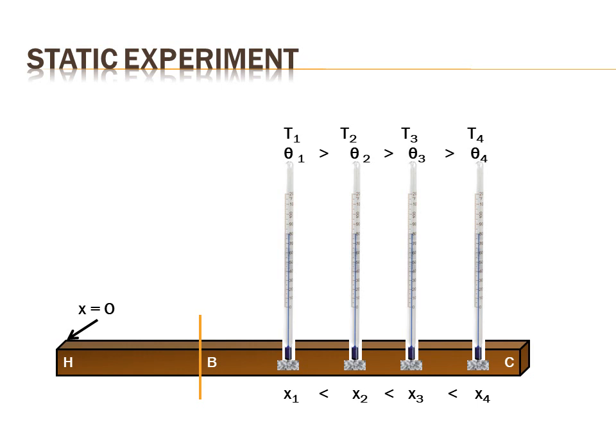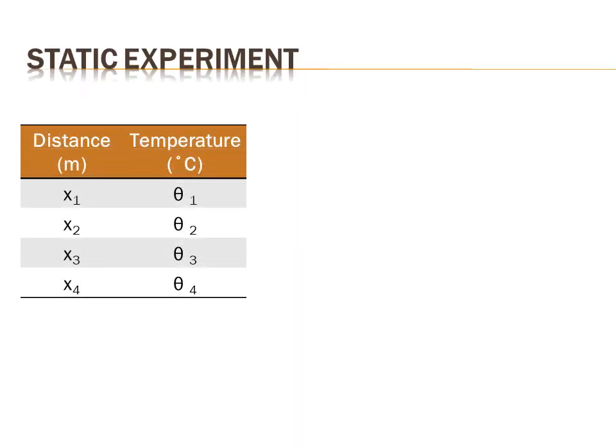The distances of the thermometers from the hot end are noted as x1, x2, x3 and x4.